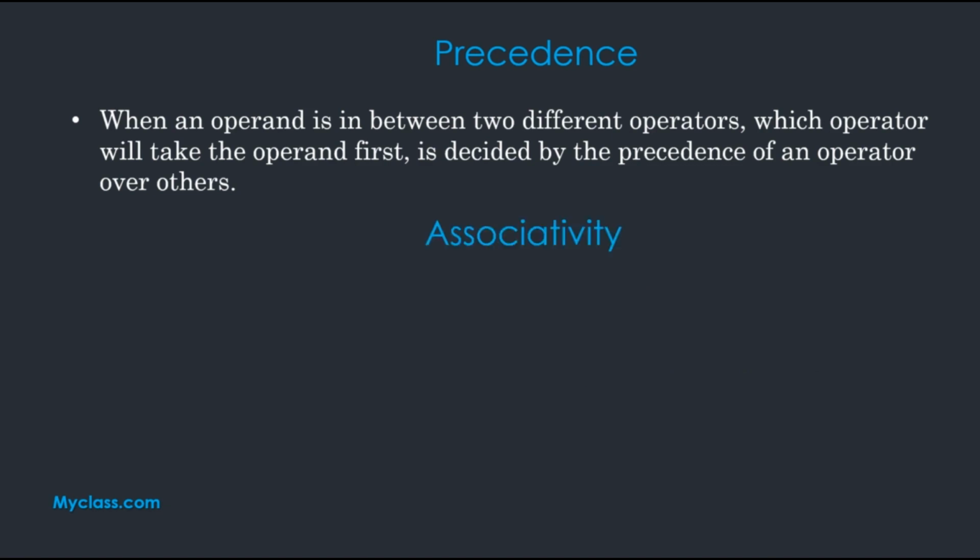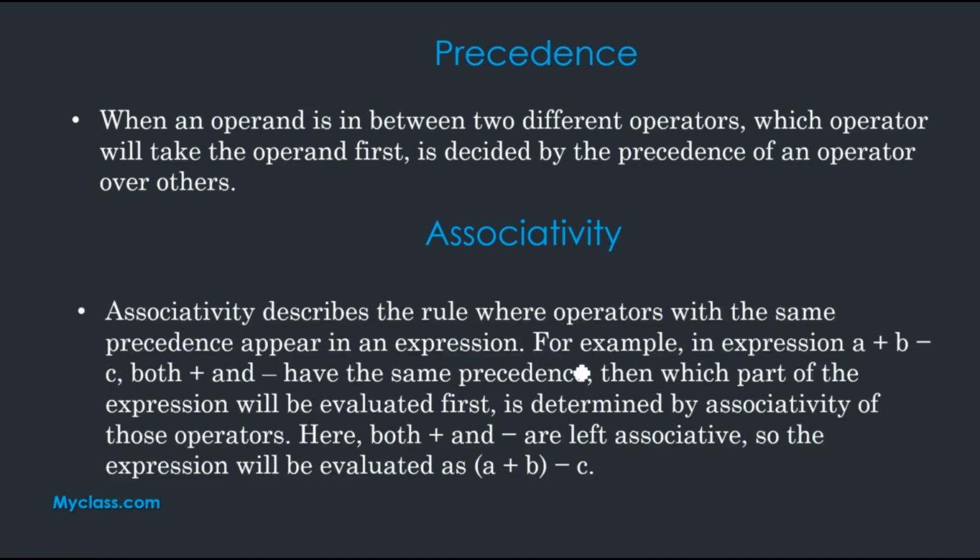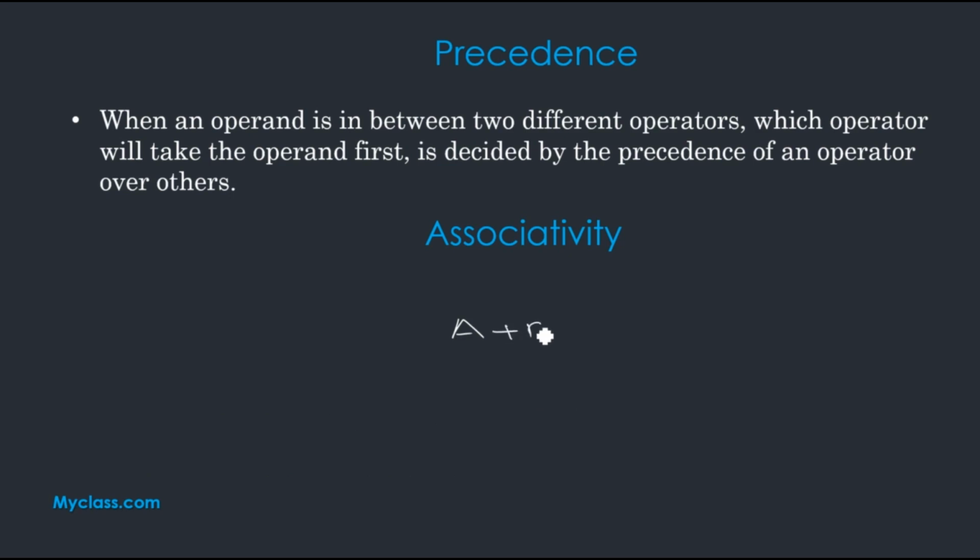Now, another case is associativity. Associativity is the rule that applies when operators with the same precedence appear in an expression, for example A plus B minus C. Here, we all know that addition and subtraction have the same precedence, and multiplication and division also have the same precedence.